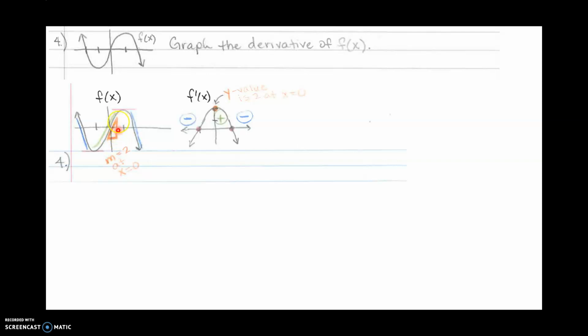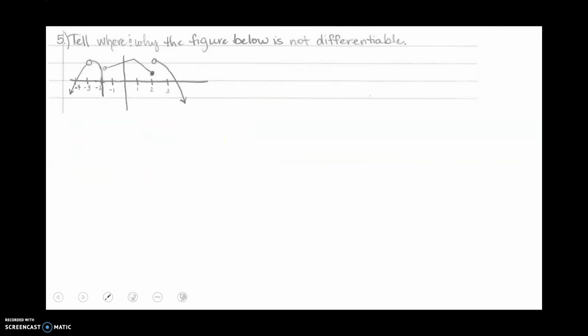The rise is about twice as high as the run. So if my rise is 2 and my run is 1, then that's going to give me a slope of 2 at x equals 0. So that means that over here at 0, my y value is 2, because the slope is the derivative. All right, so that lets me know how high to come on this, and so then that gives me the graph of my derivative.